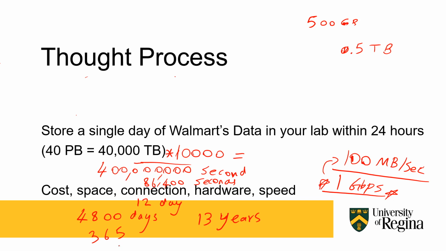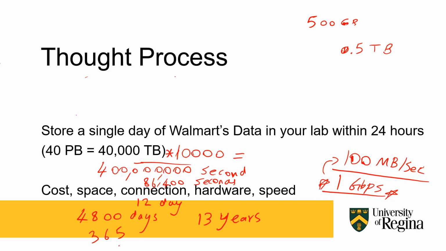If you can find, again, I may be wrong to some extent, but not totally wrong. If you can find 40,000, not 4,000, if you can find 4,000 hard drives and enough connections in Regina or in Saskatchewan, you could go to Saskatoon, that's a 2-hour drive, Moose Jaw, all around this place.